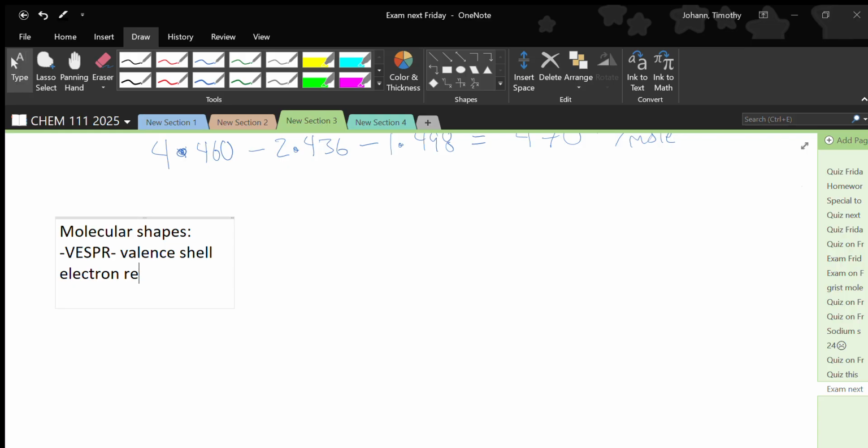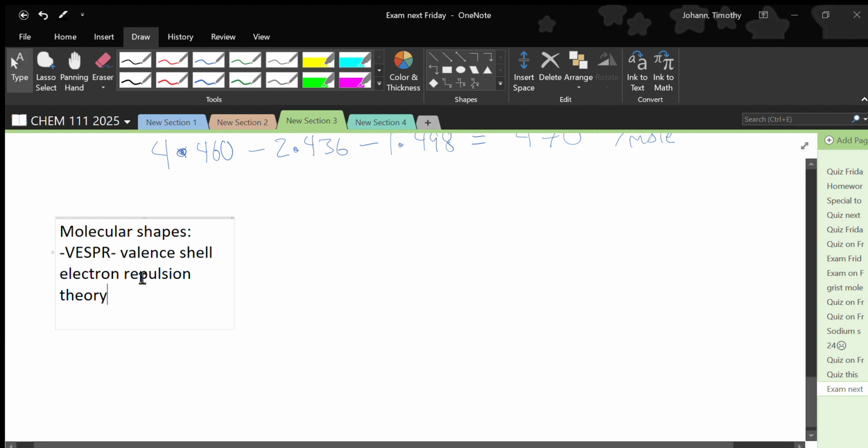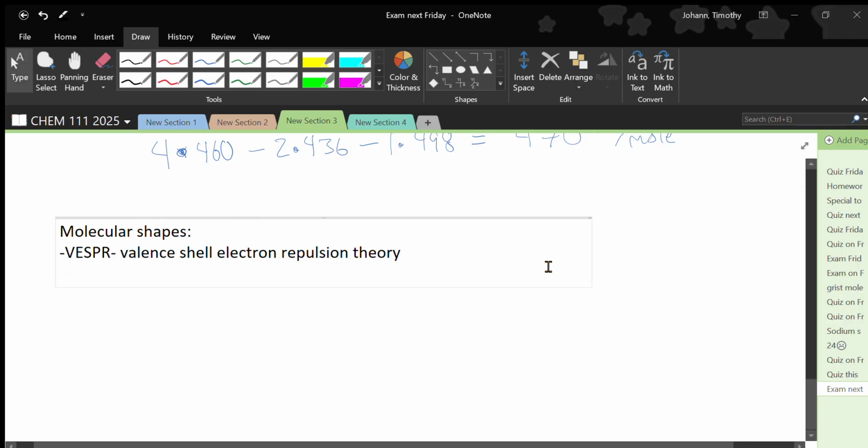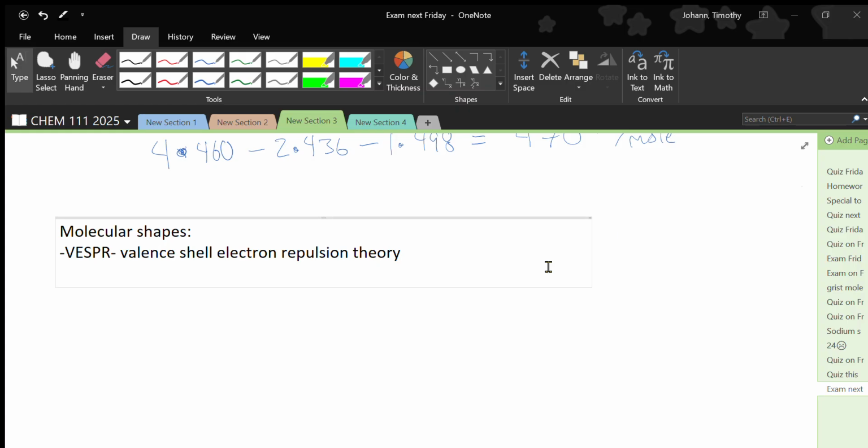I don't know how that fits, but we call it VSEPR. It's essentially about how, when you draw a molecule, how many electrons are around the center atom. So you're going to use how many electrons are around the center atom to determine shape.